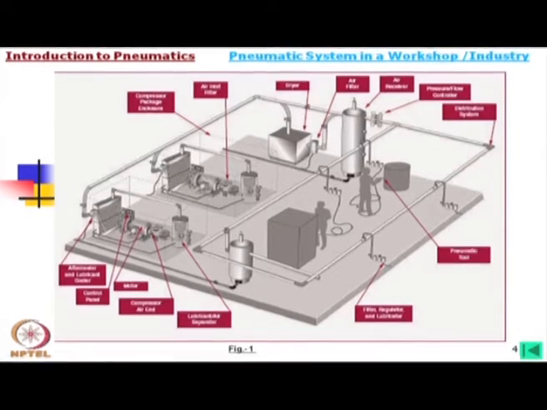As I told, if air is being utilized in such a way and you use a single compressor, then it has to run continuously. That is not permitted, considering the life of the compressor, because during such a process huge heat is generated.